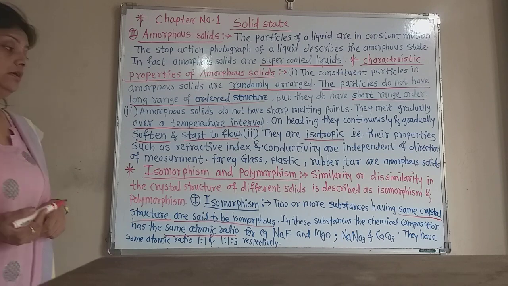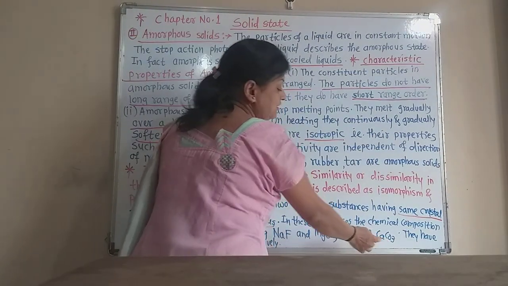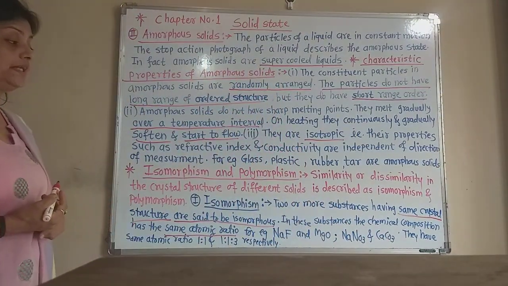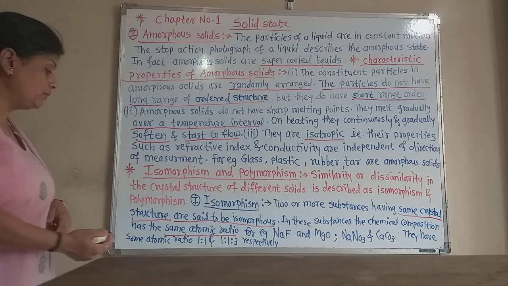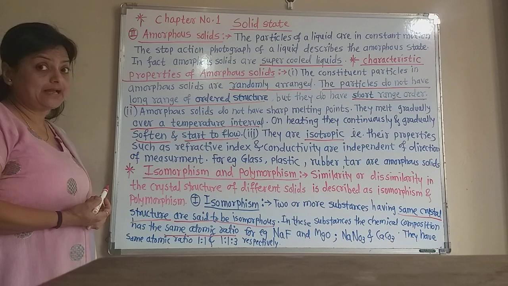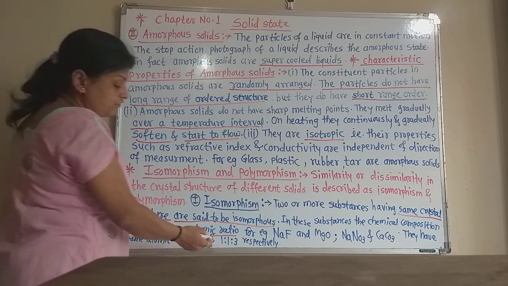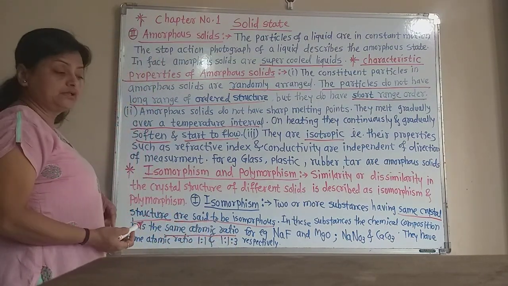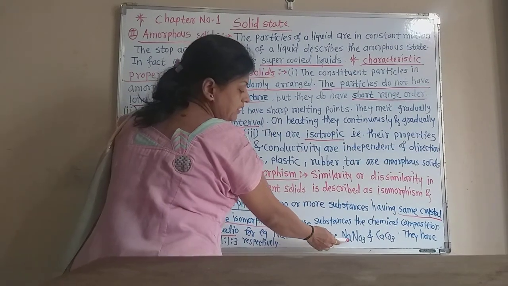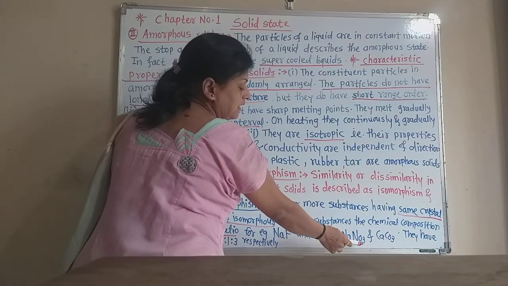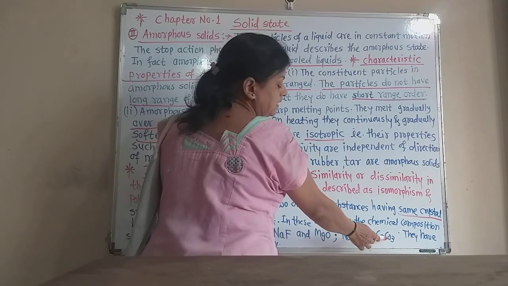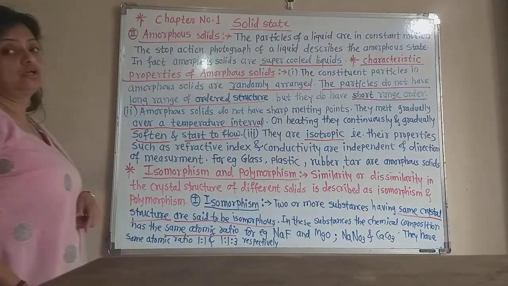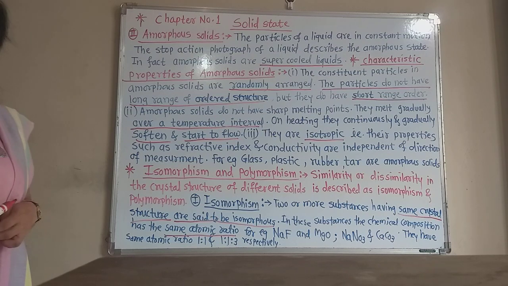Again, in sodium nitrate and calcium carbonate, NaNO3 and CaCO3, there is also the same atomic ratio of constituent atoms, 1:1:3. That means sodium 1, nitrogen 1 and 3 oxygen. Here also calcium 1 atom, carbon 1 atom and 3 oxygen. So these are isomorphs.